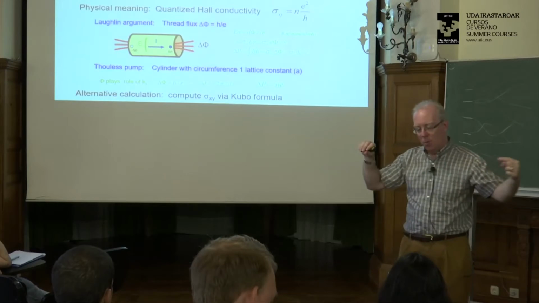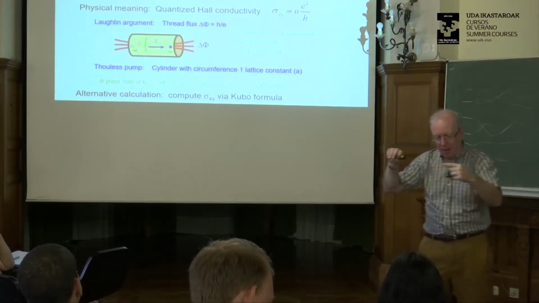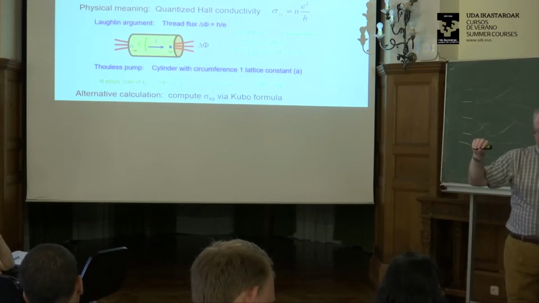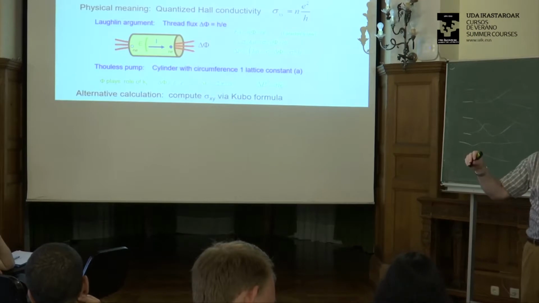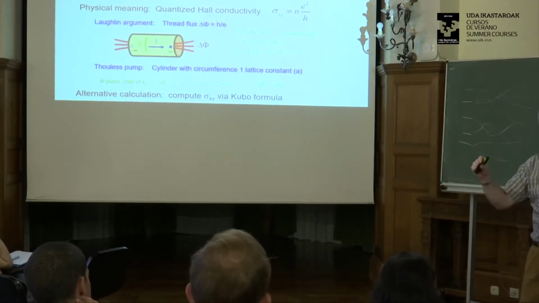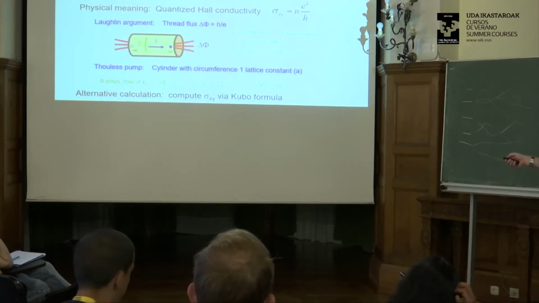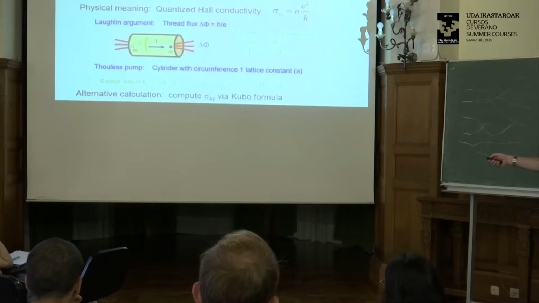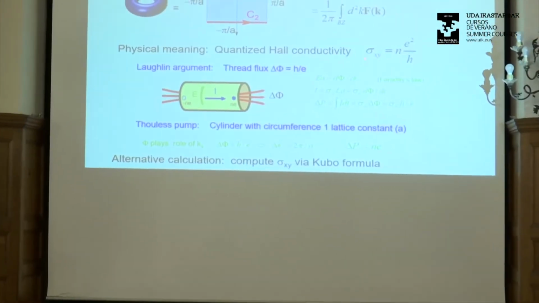So what Thouless tells us is that the polarization has to change by an integer, and that integer is equal to the Chern number. And what Laughlin's argument tells us is that the amount of charge that gets transferred is given by the Hall conductivity.